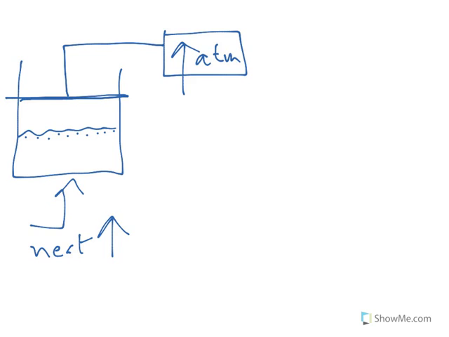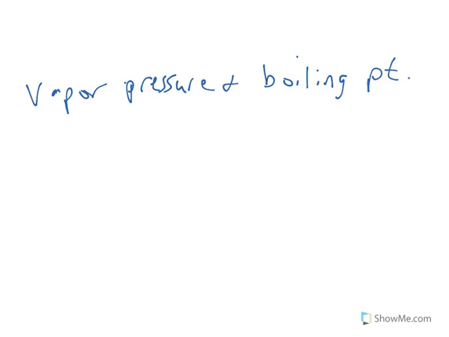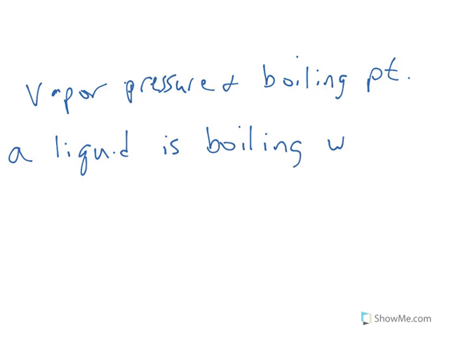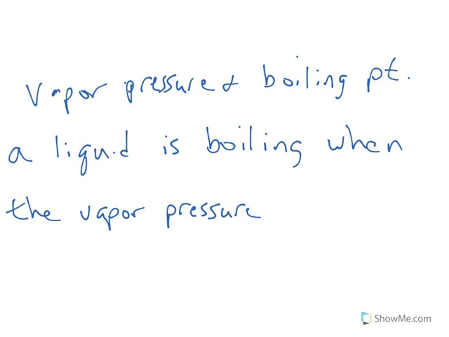So what we can say here is something about vapor pressure and boiling point. By definition, a liquid is boiling when the vapor pressure is equal to the atmospheric pressure.